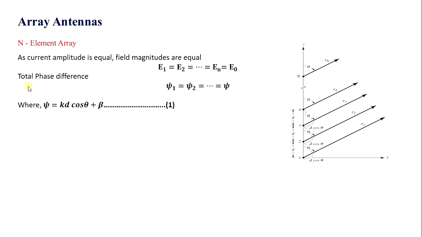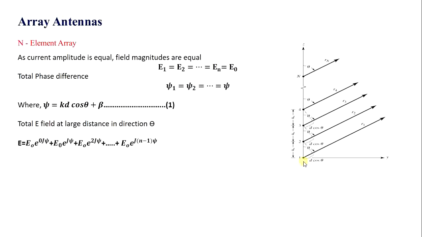Now we are considering the origin as the reference point. This first isotropic source, which is at the origin, we are considering as the reference point. The total electric field at large distance in the direction theta is given as E equal to E0 e raised to 0 j psi plus E0 e raised to j psi plus E0 e raised to 2 j psi plus so on up to plus E0 e raised to j(n minus 1) psi.